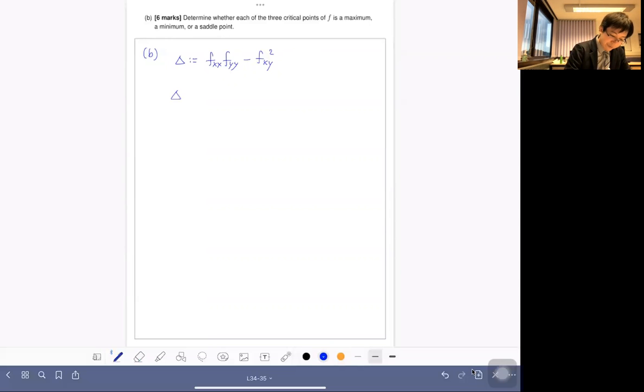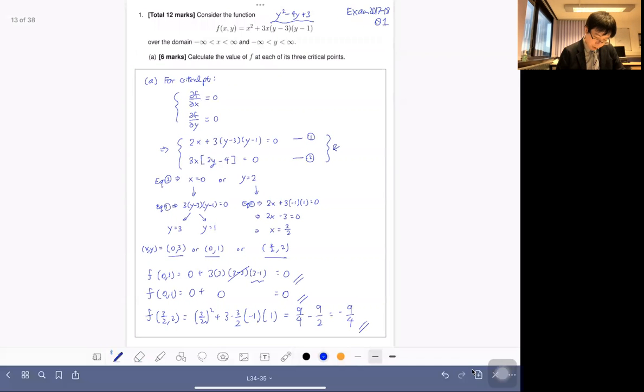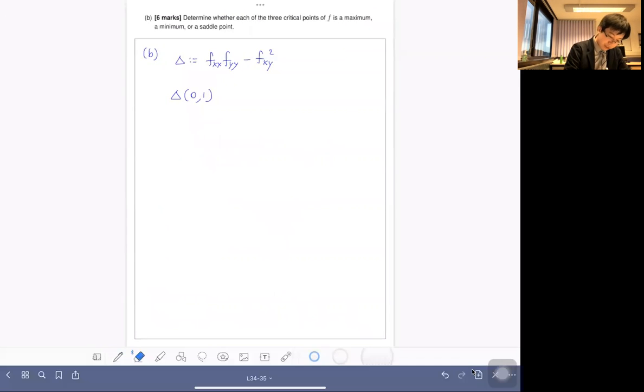Let's do 0, 3 first. In fact, I need the second derivatives. So let's do that.